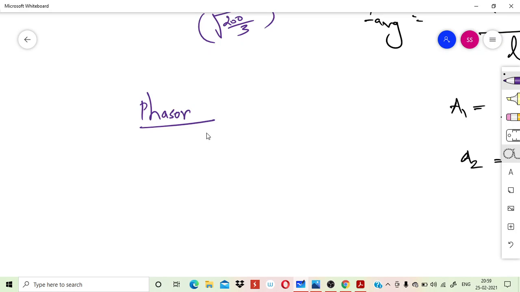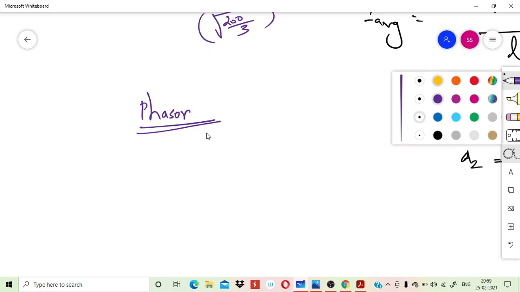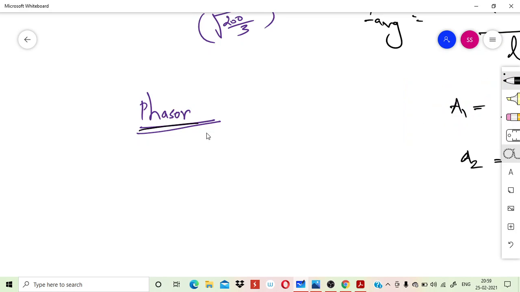What do you mean by a phasor? For that, we have to physically model a sinusoidal waveform.